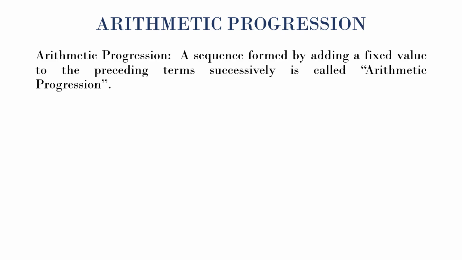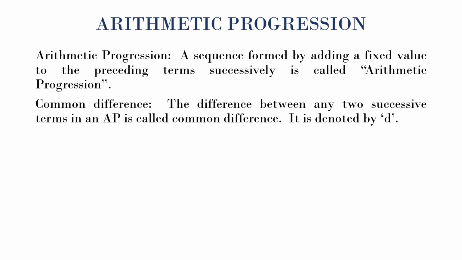But when a sequence is formed by adding a fixed value to the preceding terms, it is called an arithmetic progression. In arithmetic progression, the difference between any two successive terms is constant or is called common. Hence the difference is called common difference and it is denoted by the letter D.